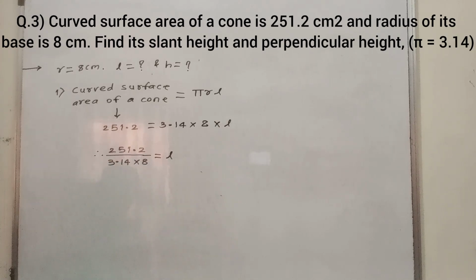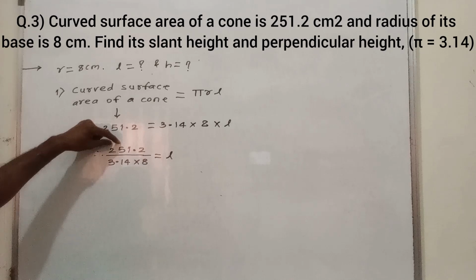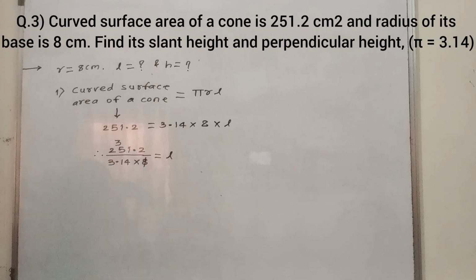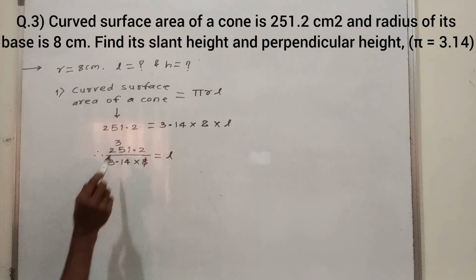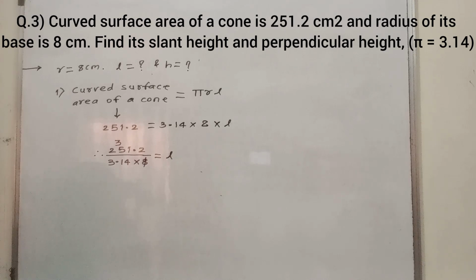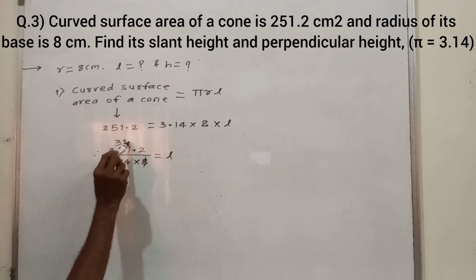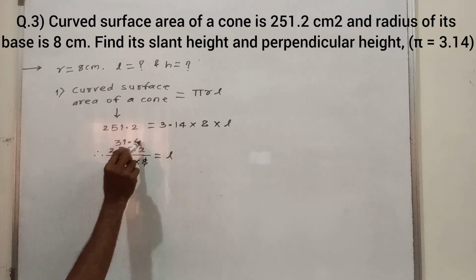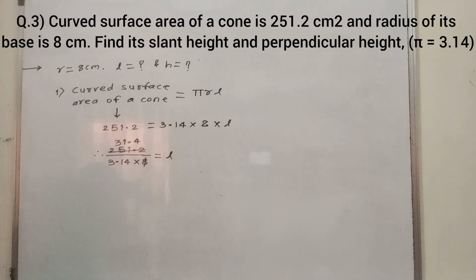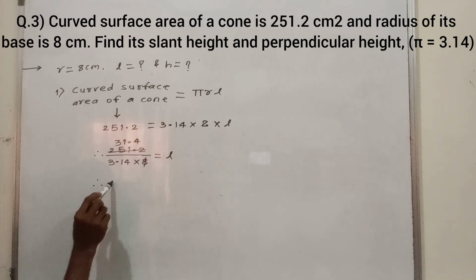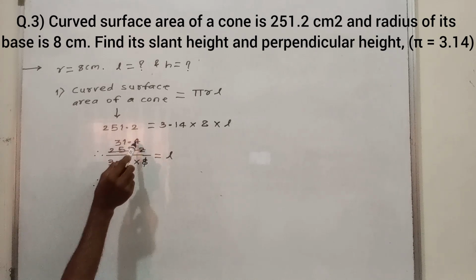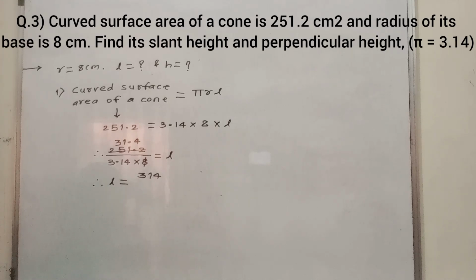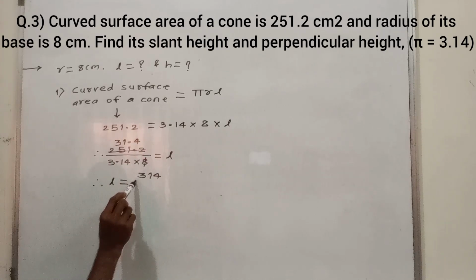Now if this is divisible by 8, 8 3s are 24, 25 minus 24 is 1, 11, 8 1s are 8, then 11 minus 8 is 3, 32. Therefore l is equal to, here only one decimal place and here two decimal places.